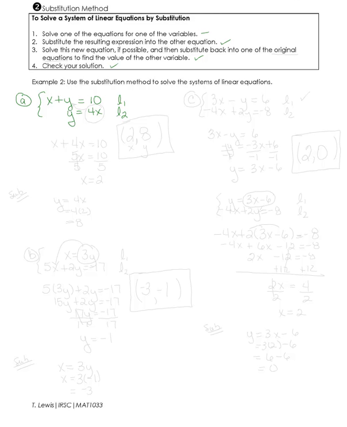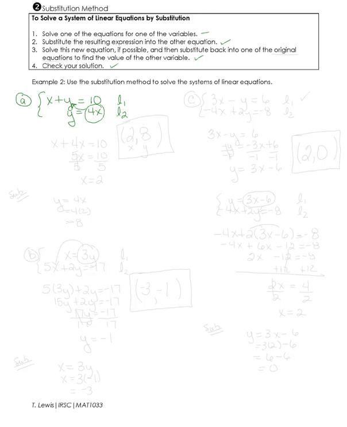You notice the second equation, we have y is equal to 4x. Y is by itself. So what we're going to do is take what y is equal to, which is 4x, I'm going to circle, and we're going to substitute it into the first equation for the variable y.